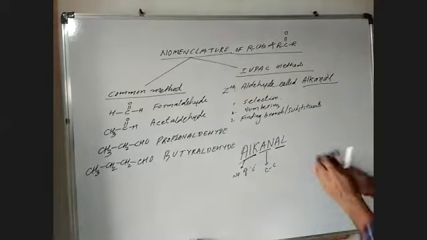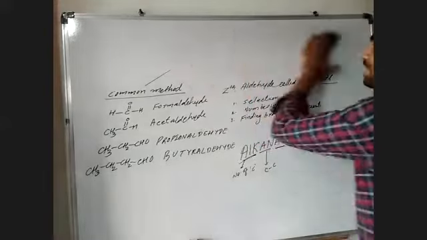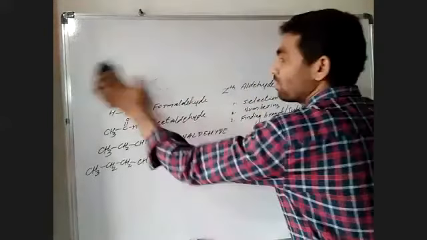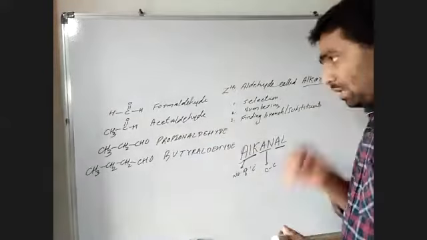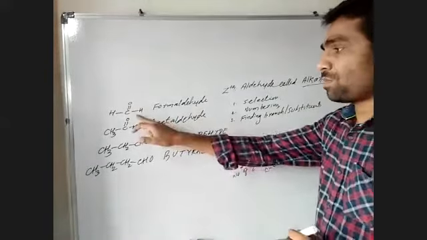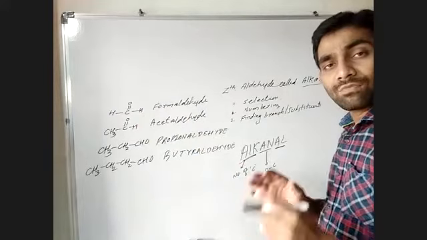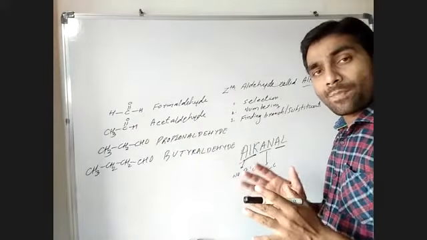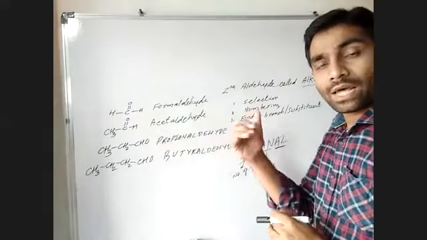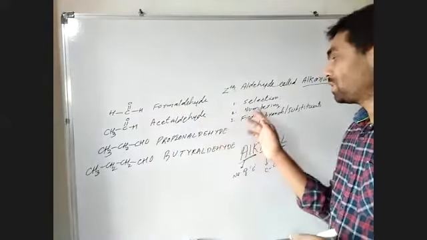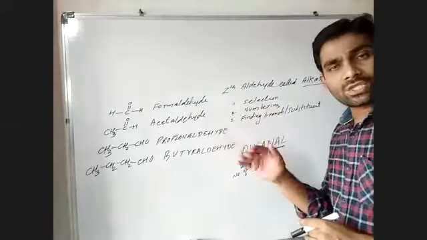Now let us have an example first for aldehyde, then we will go for ketones. Now see, this is the common name formaldehyde, the common name for this particular structure. Apply our idea: selection, numbering and finding substituents.